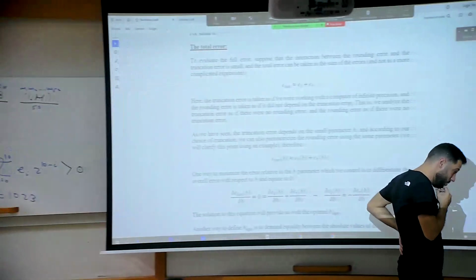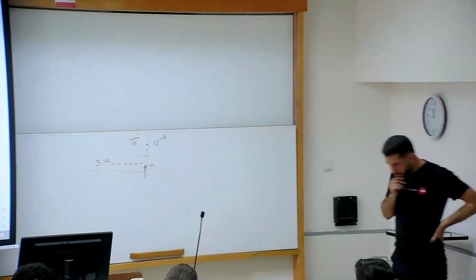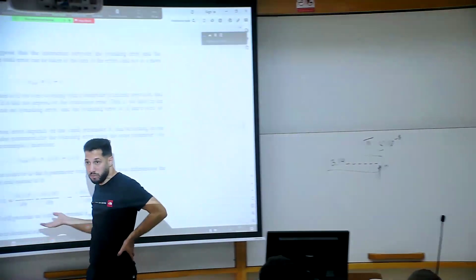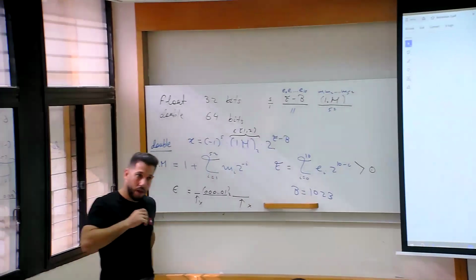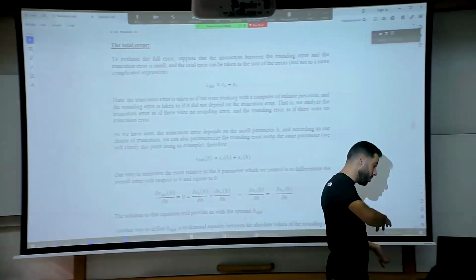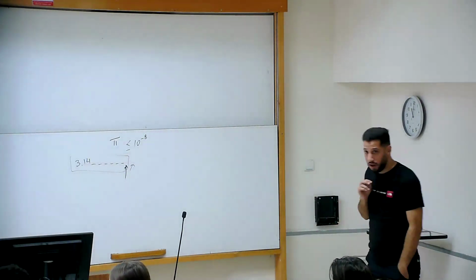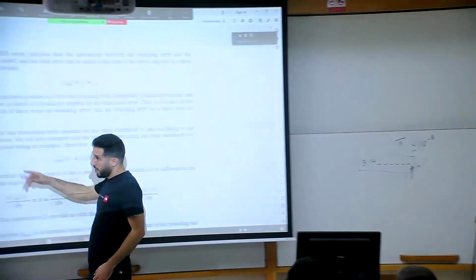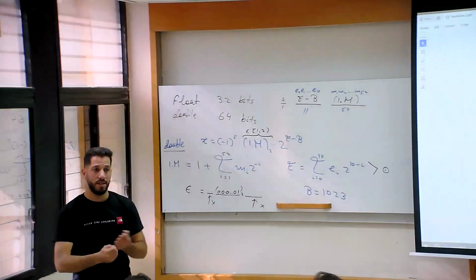This is an assumption, and it works very well in our cases, but a priori it is not necessarily true. Maybe this error when it propagates affects the truncation error, and the truncation affects the round-off error. But this is our assumption.